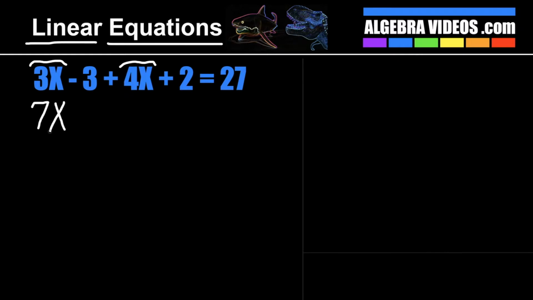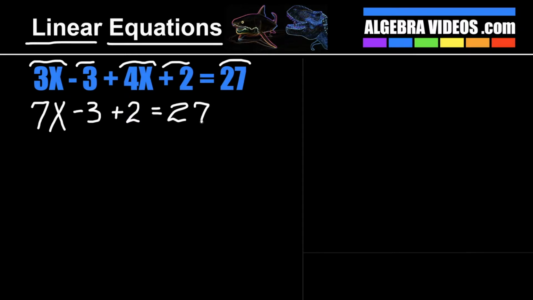Because 3x plus 4x is 7x. And then I'll just rewrite the rest of the equation the way it is. We have a minus 3, so minus 3. And we have a plus 2, so I'm going to write plus 2. And that equals, on the right side, 27.